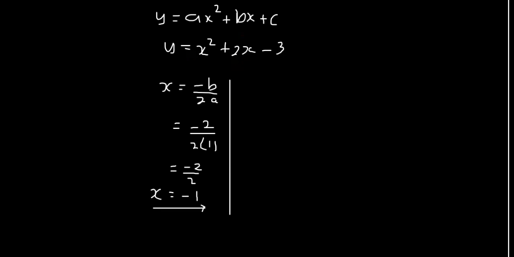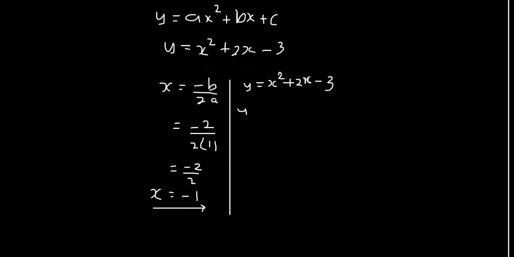We will now substitute this value of x into the equation. We rewrite the formula so that you can follow it nicely: y equals x squared plus 2x minus 3.